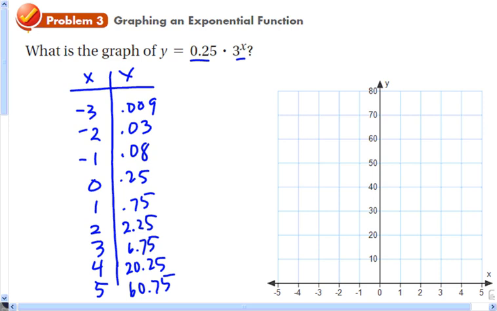We're just barely above there. 2.25, a little bit higher, 6.75 on, oops, that's on number 3, so that'd be more like that. Then on 4, we're at 20.25, and then at 5, we're at 60.75.